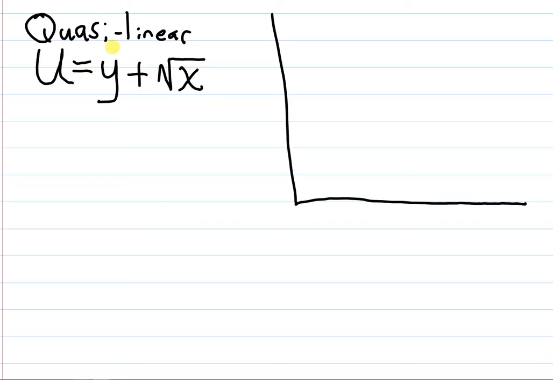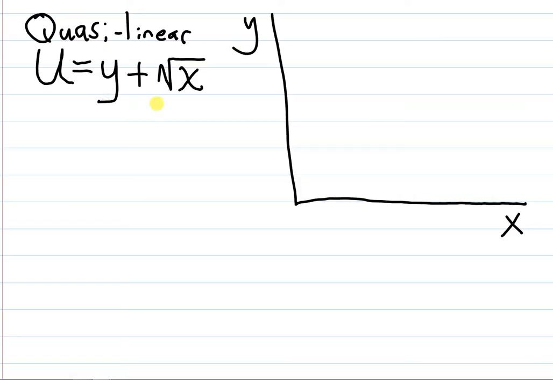And so when we graph this, let's think about what this is going to look like. So the first thing we should think about is, can this function, if we were to draw an indifference curve, can it touch the x or the y-axis?